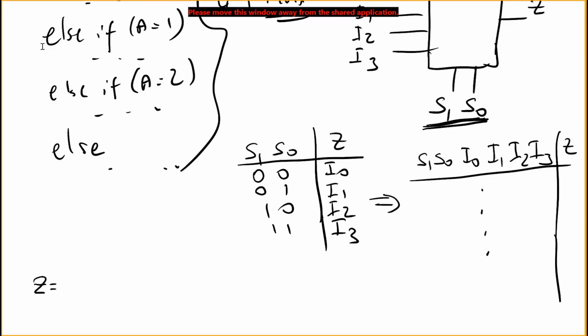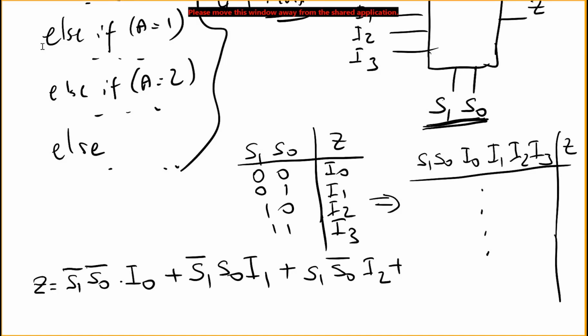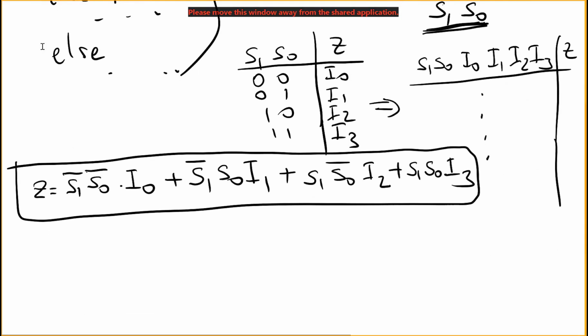If select signals S1 and S0 are 0, 0, S1 not and S0 not, then I select I0. Or if my select line S1 is 0 and S0 is 1, then I select I1. Or if S1 is 1 and S0 is 0, then I select I2. Or if S1 is 1 and S0 is 1, then I select I3, right?